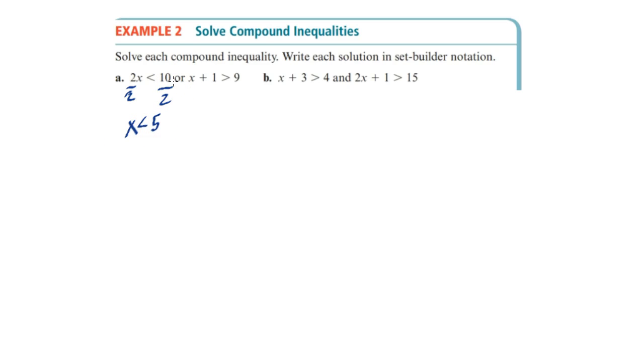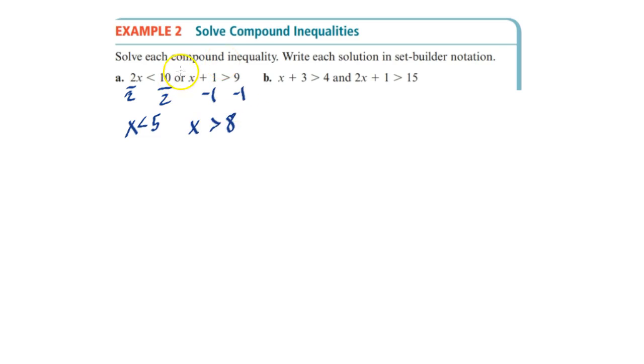That tells us that for just the first inequality, any value that is less than 5 will satisfy the first inequality. But we still need to solve for the second inequality, so let's do that. We would subtract 1 from both sides of the inequality, and we get x is greater than 8.